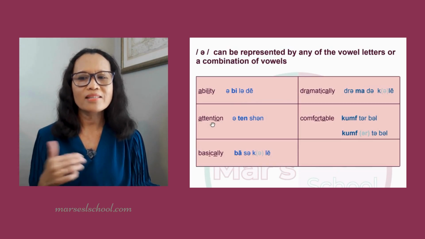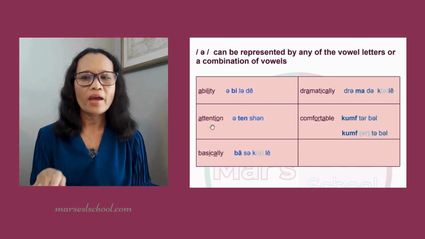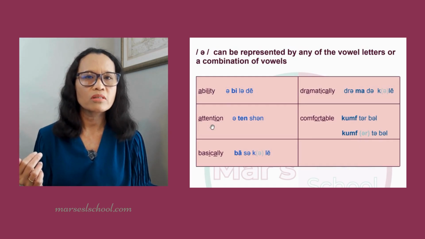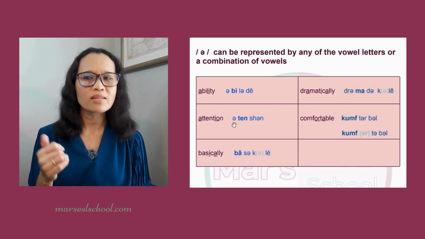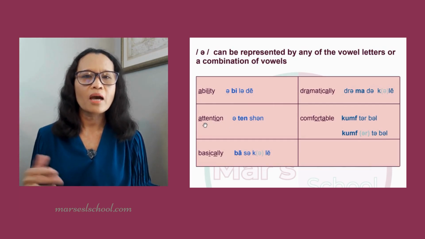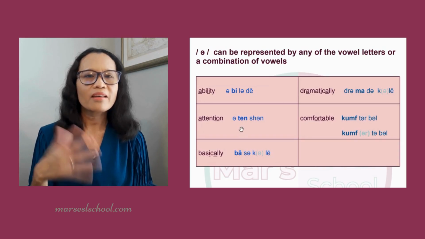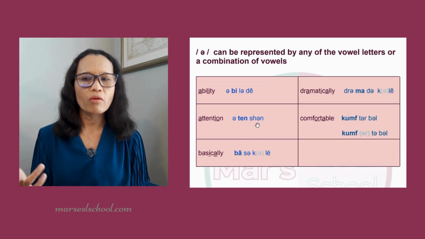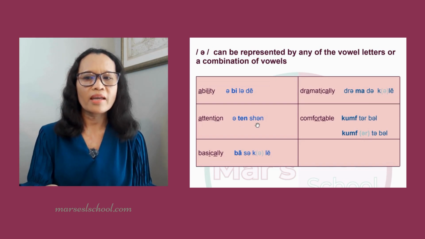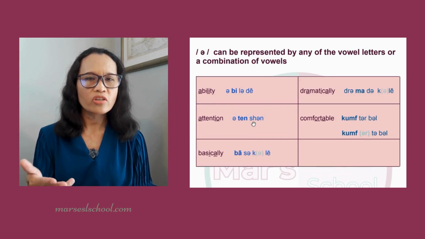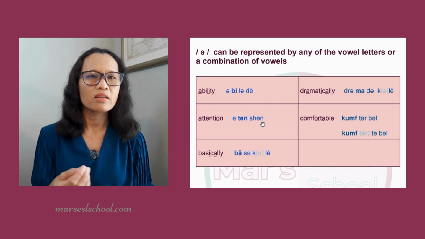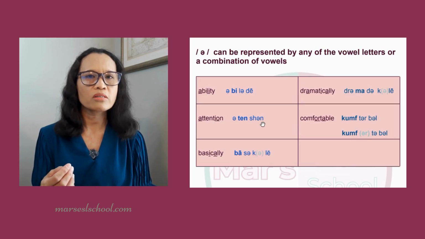Let's go to our next example. Here we have attention. The first syllable has a schwa sound, and it's represented by a letter A. The last syllable also has a schwa sound, and it has an SH sound before the schwa. So we make the last syllable with an SH and then a schwa and then an N. Shun.